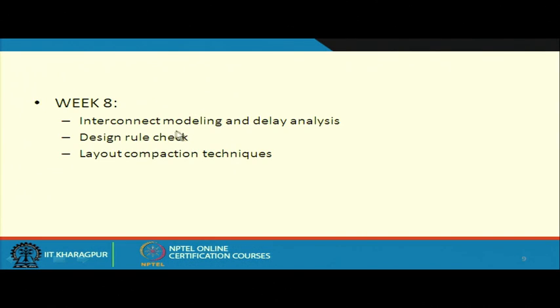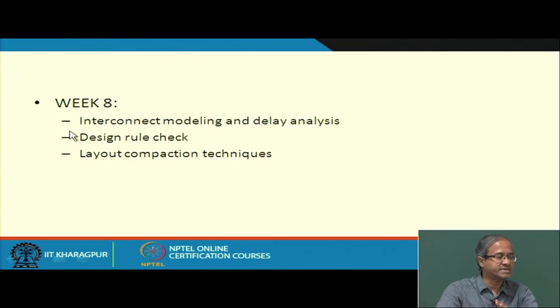We also talked about the design rule check and some design rules, lambda based design rules, and once these design rules are framed, how a tool can automatically check whether these design rules are followed or violated. We talked about layout compaction techniques, which are again typically based on these design rules. These are some finer adjustments we do after the layout is completed.